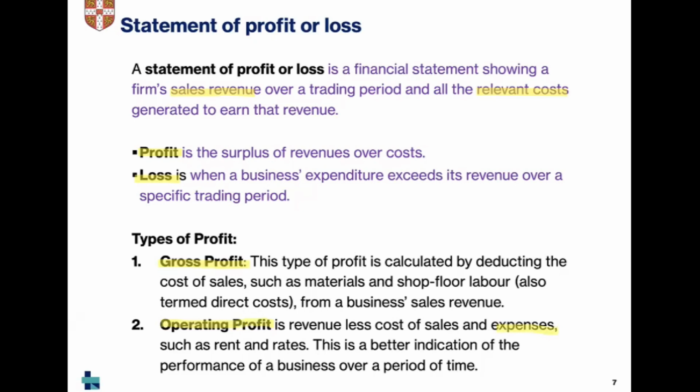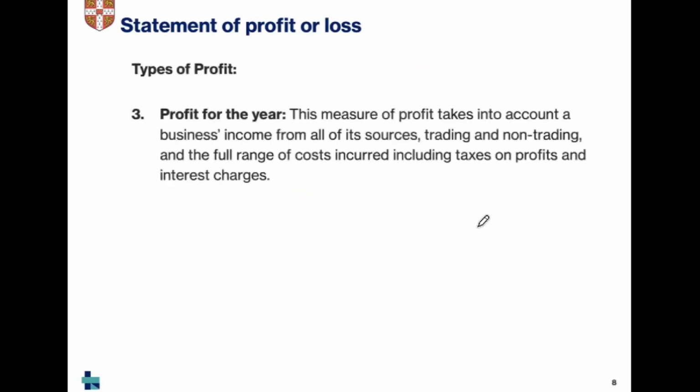And then from the operating profit, we deduct other non-trading income and expenses. If it is an income, we add it. If it's an expense, we deduct it to get the profit of the year.